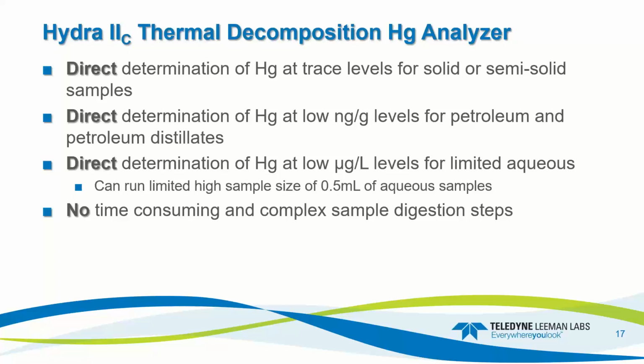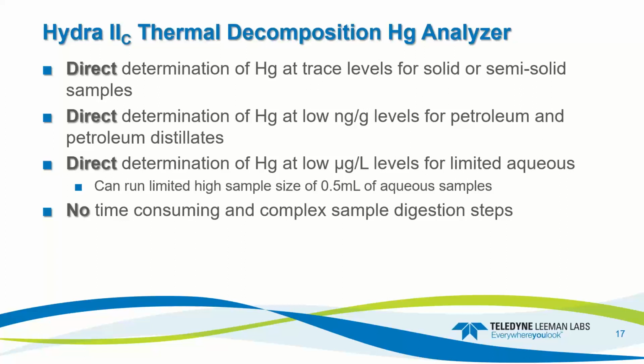So here's an overview again of some of the benefits of direct mercury analysis. This unit is capable of determining mercury levels at trace levels for solids and semi-solid samples, the low nanogram per gram level for petroleum and petroleum distillates, and in the low microgram per liter, so part per billion level, for limited aqueous samples.